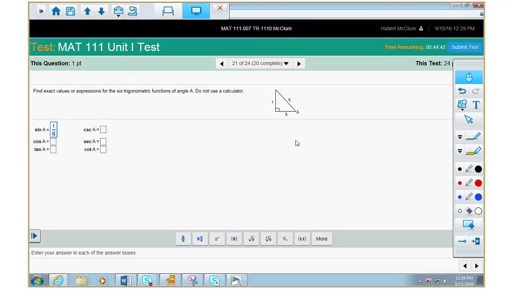I took medication. So that means the cosecant is what? Q over T. Cosine, K over Q. What? Q over K. And the tangent, T over K. And K over what?